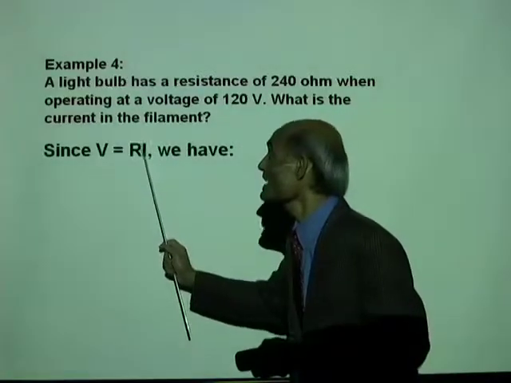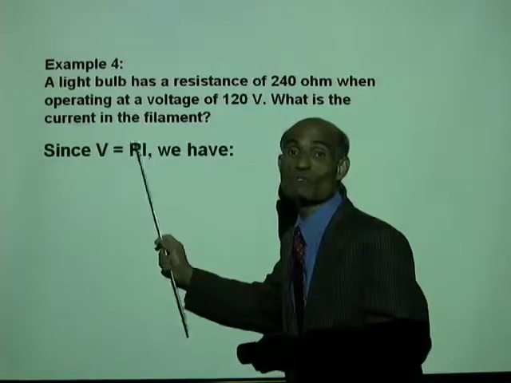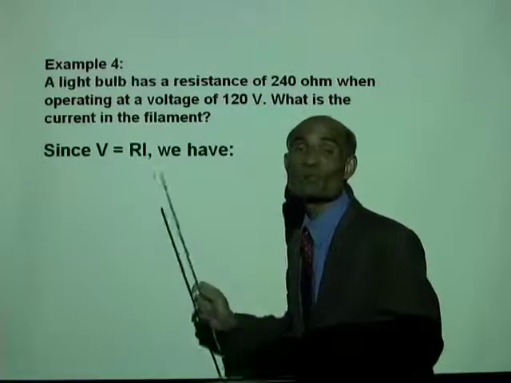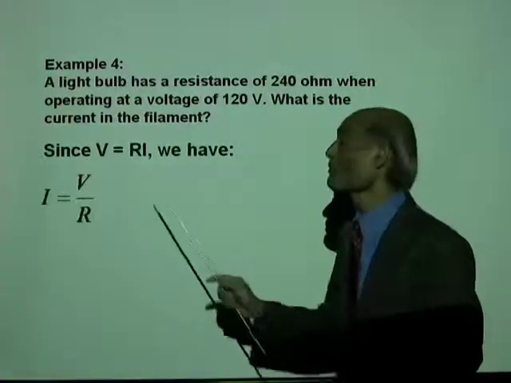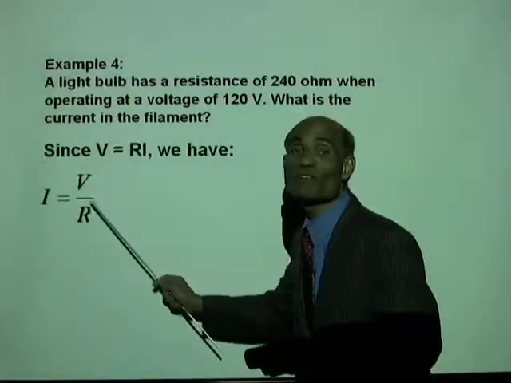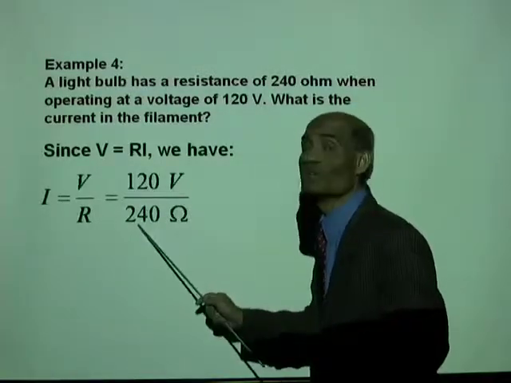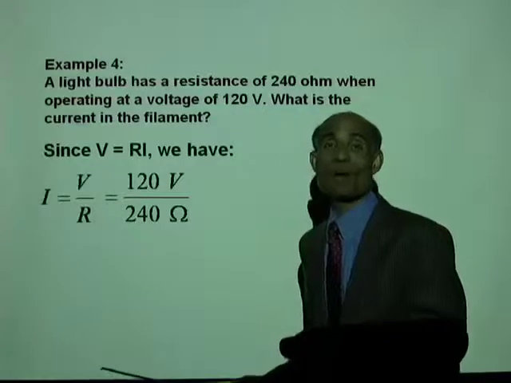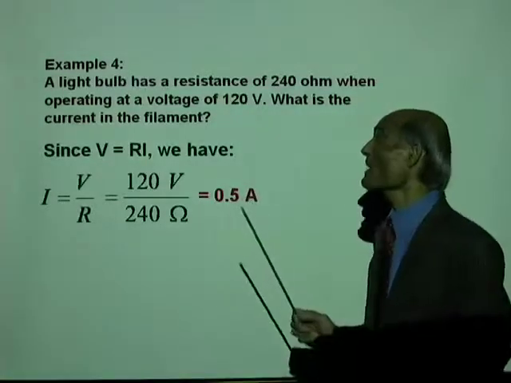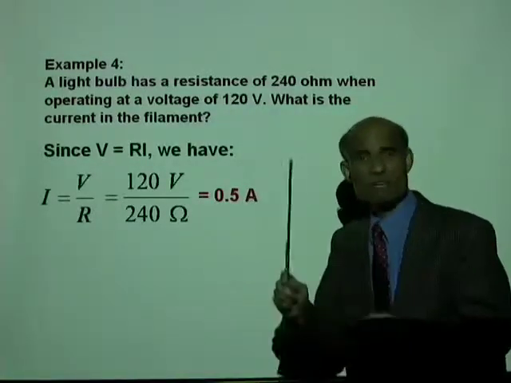Therefore, we can calculate the current using the Ohm's law relation. V equal to RI. Therefore, I equal to V over R. That will be 120 volts divided by 240 ohm. That is 0.5 ampere. Very simple calculations.